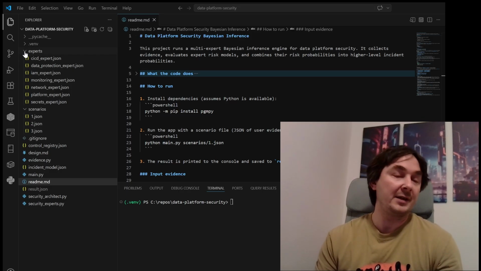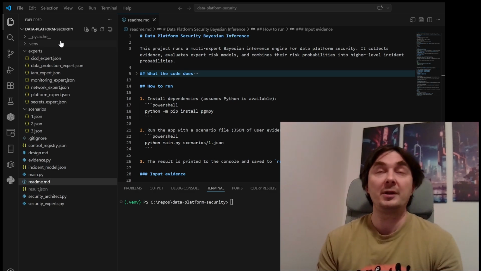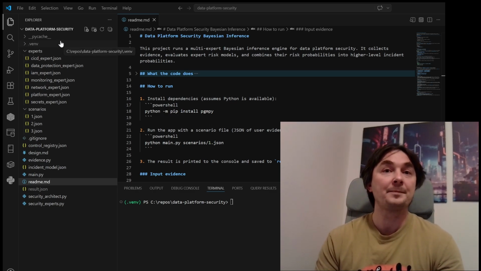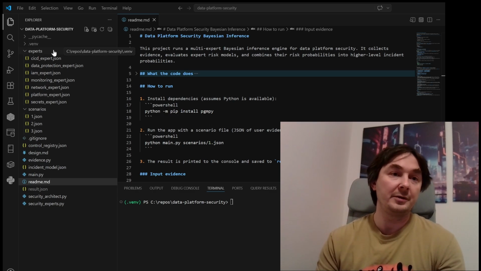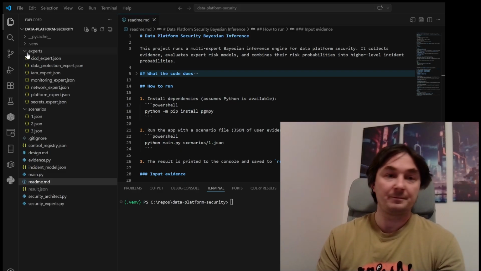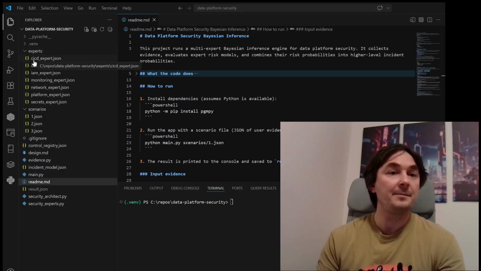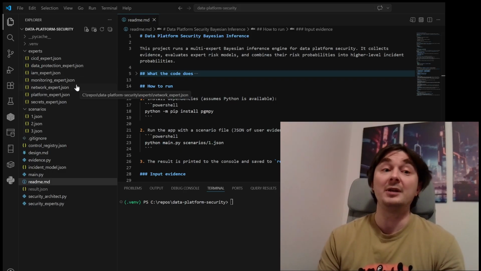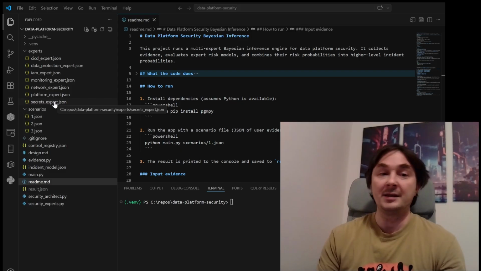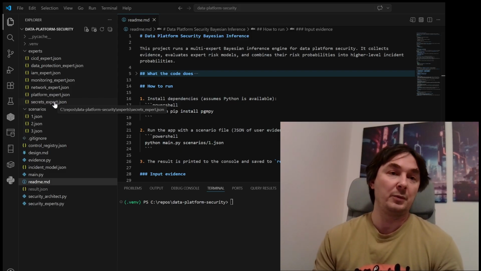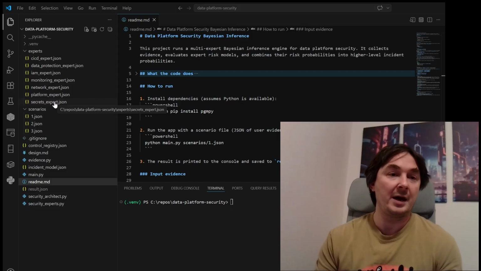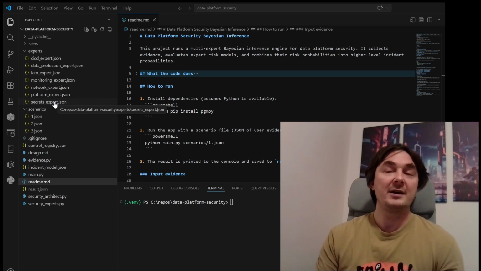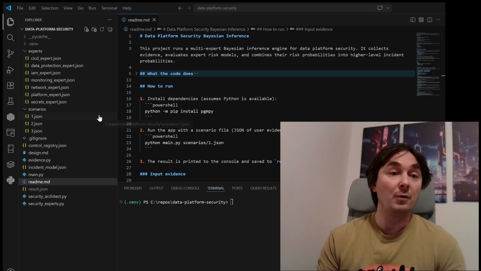What I have inside of that repository is pretty much what I explained in the architecture video of this series. Just to repeat myself, I have a list of experts over here, and for my example I introduced only the CI/CD, data protection, IAM, monitoring, networking, platform, and secrets experts for now, but it can be both expanded or shrunk to taste, and we will configure those experts as we go forward.